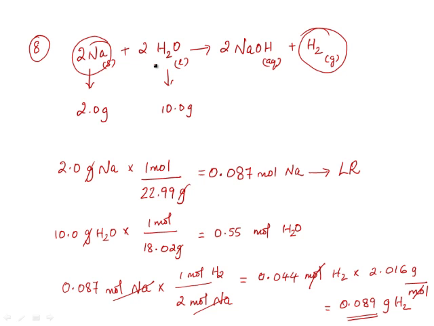So you will focus only on the limiting reactant and whatever product you are trying to figure out. The moles of limiting reactant you have, multiply that by the mole ratio of your product and limiting reactant. That will tell you how many moles of the product will form. The question is how many grams of the product will form. So convert the moles to mass as the last step.